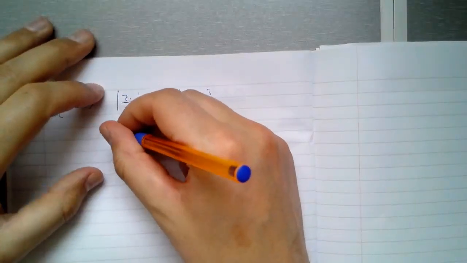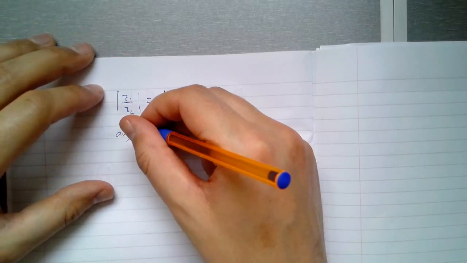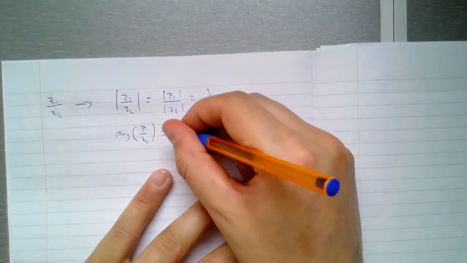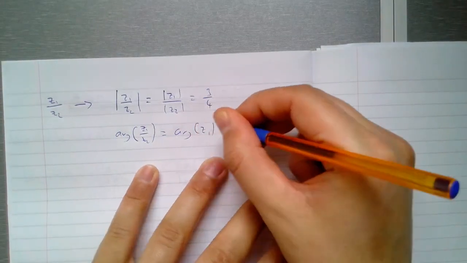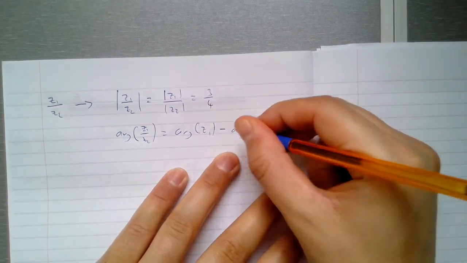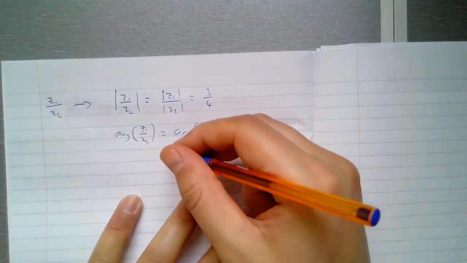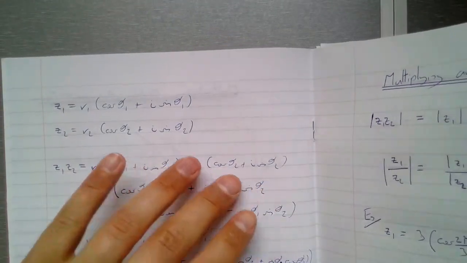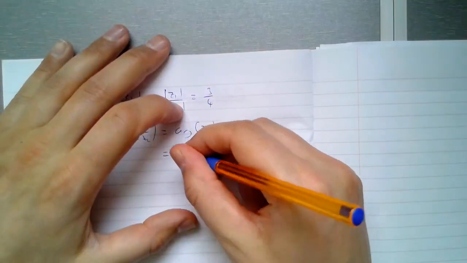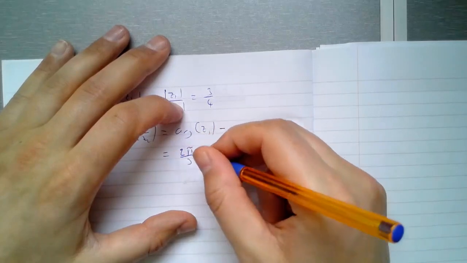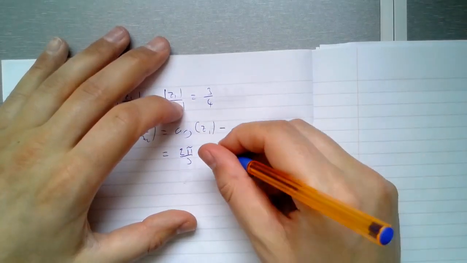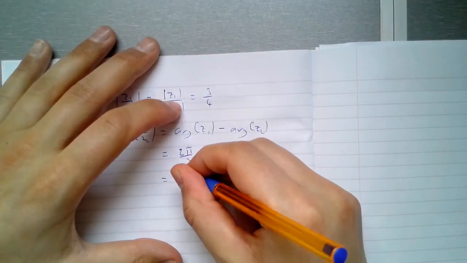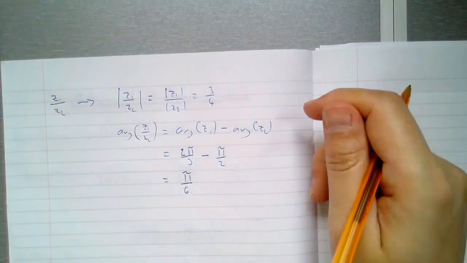And the argument of z1 over z2 is going to be the argument of z1 take away the argument of z2. The argument of z1 was whatever it was, 2 pi over 3. And then I want to take away pi over 2, which will give me pi over 6, which is 30 degrees, if you wanted to know.